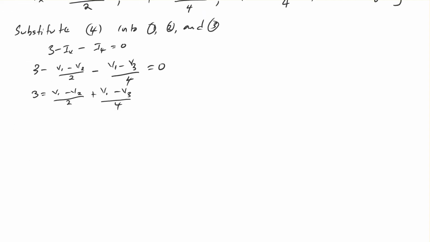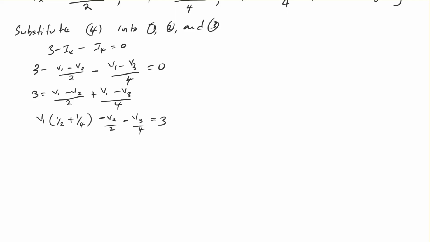This will give me V1 into 1 over 2, collecting like terms, 1 over 4, minus V2 over 2, minus V3 over 4, equal to 3.